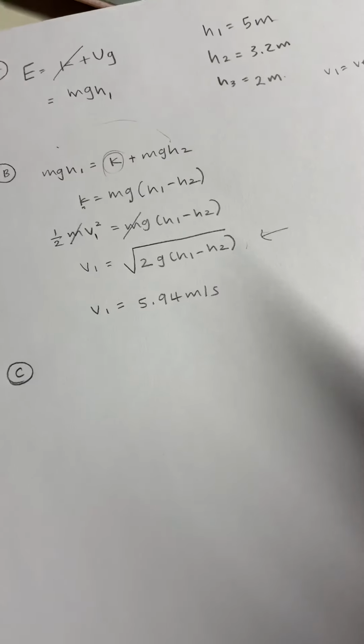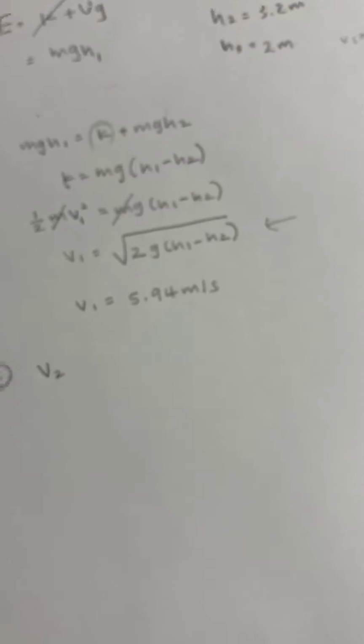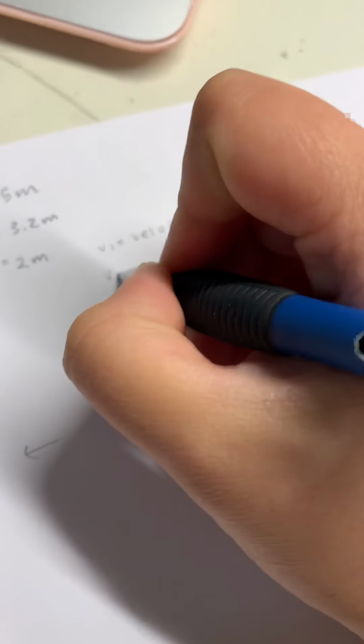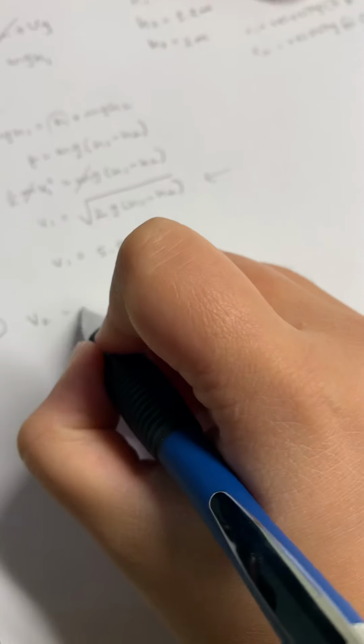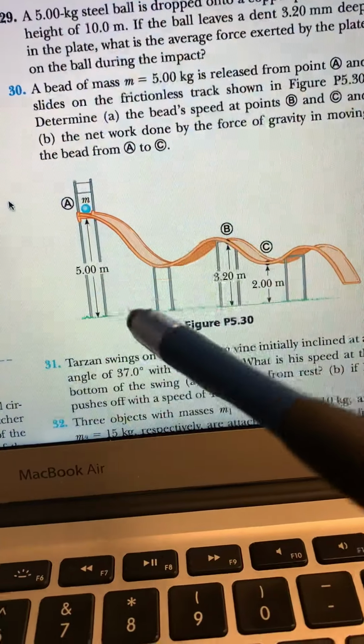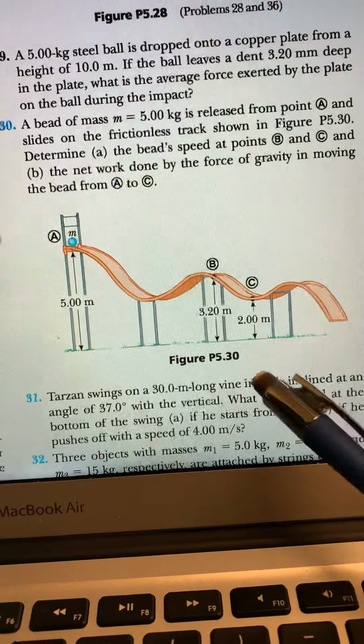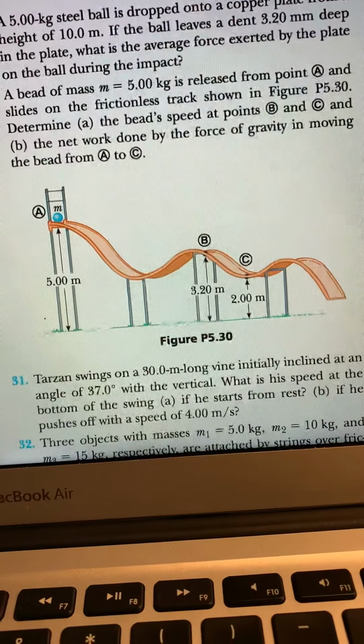You can just use that equation and plug it in, but use the different values with respect to C. So v2 I called the velocity at C. v2 equals the square root of 2g, but in this case, I set the initial mechanical energy at point A equal to that of point C, because again, it's conserved throughout the system.